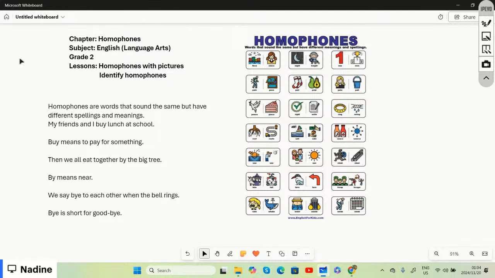We're doing grade 2. And the lessons that we are going to be focusing on under the chapter of homophones are homophones with pictures, and we're going to identify homophones.